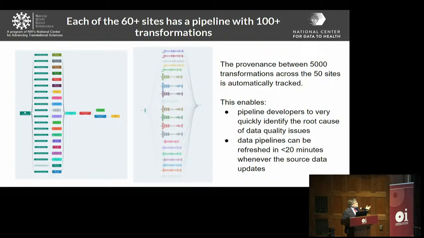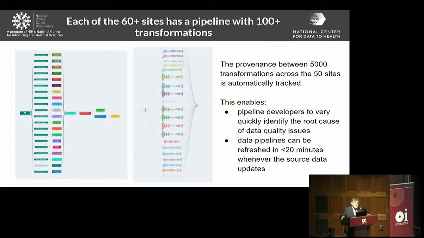So of the 60 plus sites that are in the pipeline now, there are 100 transform stages. There are actually 2 million transformations, but there are 100 plus transform stages. The provenance has about 5,000 components, and that enables the pipeline developers, which are us, to quickly identify the root cause of data quality problems that emerge in use.